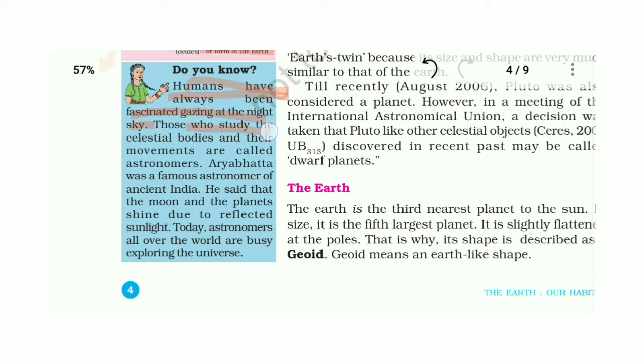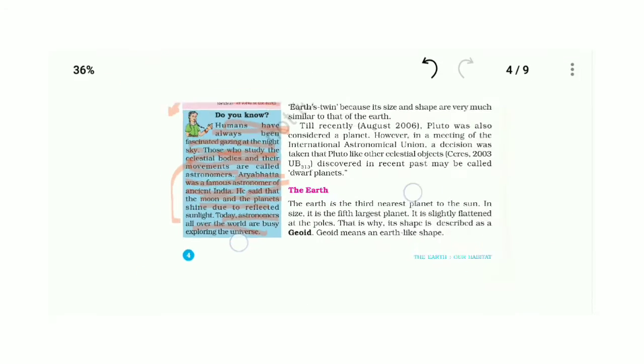Those who study these celestial bodies and their movement are called astronomers. Aryabhatta was a famous astronomer of ancient India. He said that the moon and the planets shine due to the reflection of the sun, and he's the one who said this. Today, astronomers all over the world are busy exploring the universe.